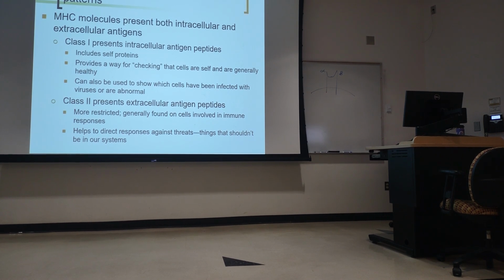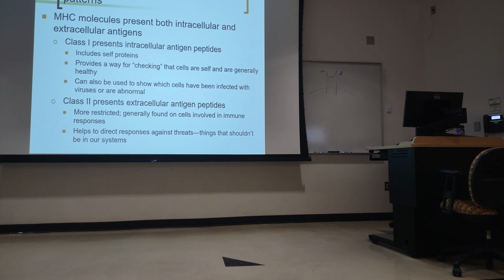Essentially, all the cells in your body, with the exception of red blood cells, express MHC class 1 receptors on their surface. The antigens that are displayed in those class 1 receptors come from inside the host cell.